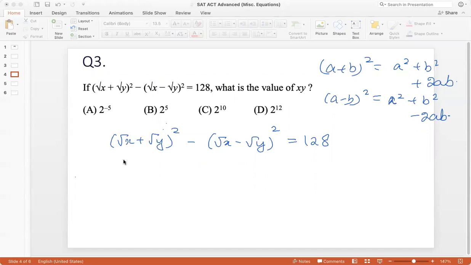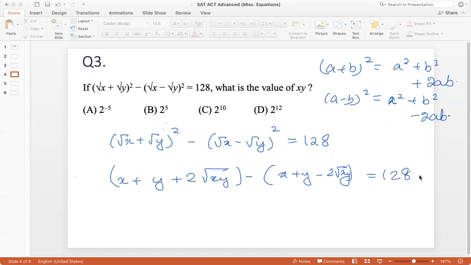So I apply that. Root x the whole squared would be x, root y the whole squared would be y, plus 2 times root xy. Similarly, x plus y minus 2 times root xy, because it's a minus b, so there'll be a negative. And this is 128.